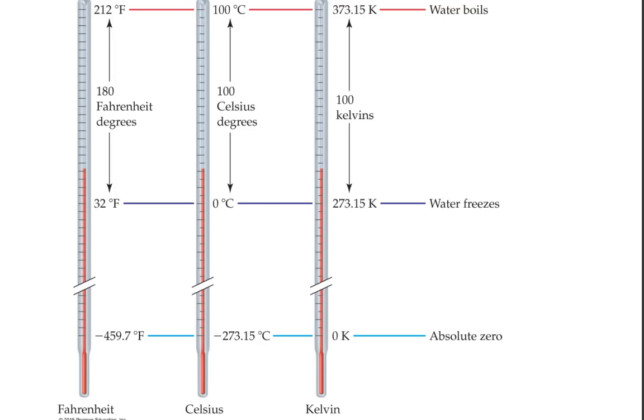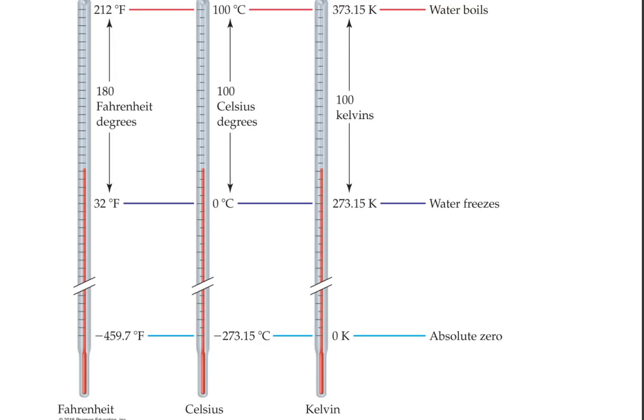In science, we measure almost always in the Celsius scale, and in that one, water freezes at 0 degrees and boils at 100 degrees. When we make calculations, usually we have to convert from Celsius to a unit called Kelvin.